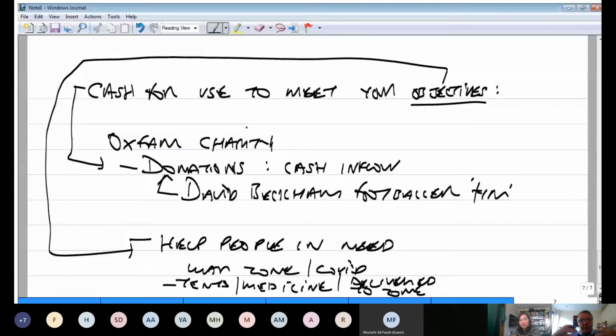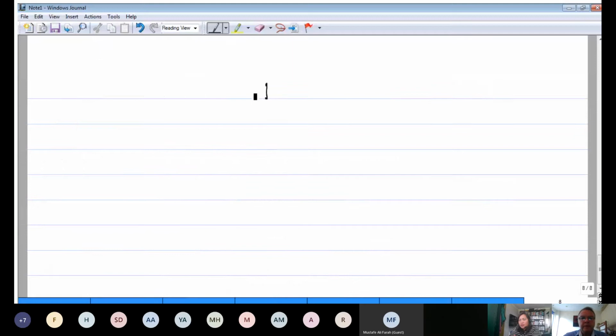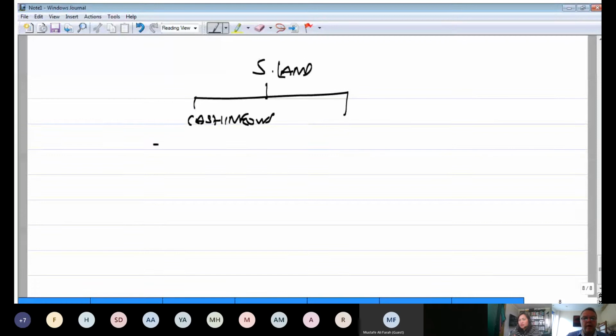Now you think about the Somaliland government. Your cash inflows, we know, are going to be taxes, taxation.